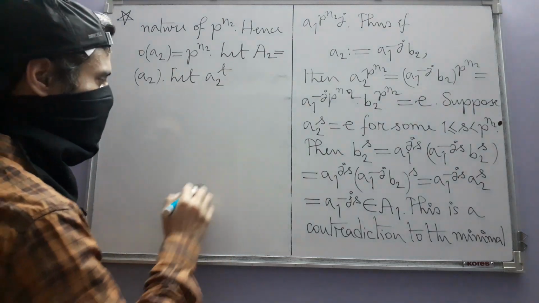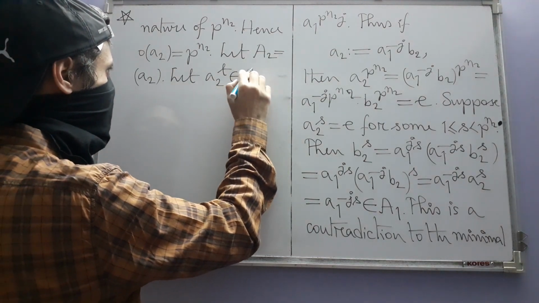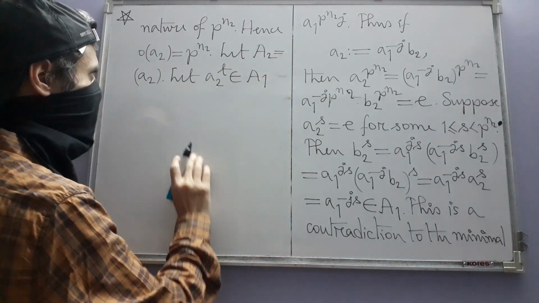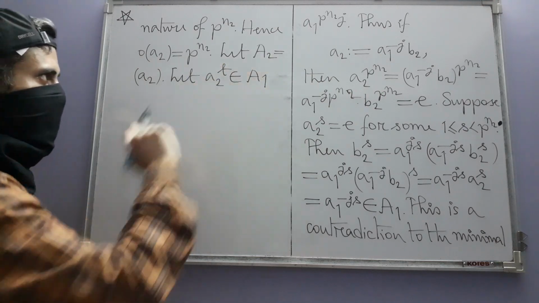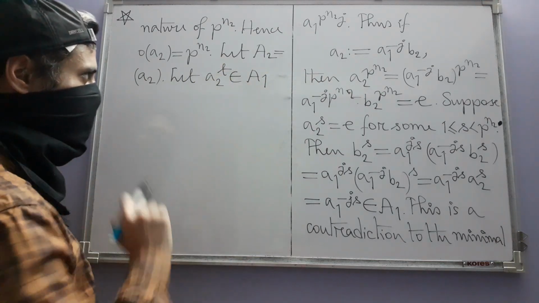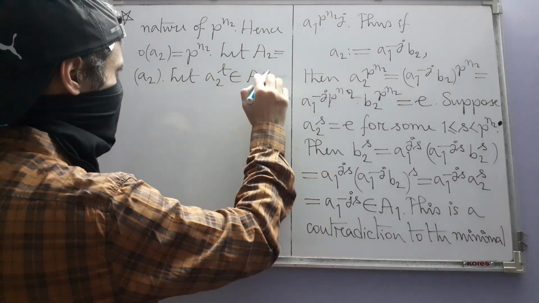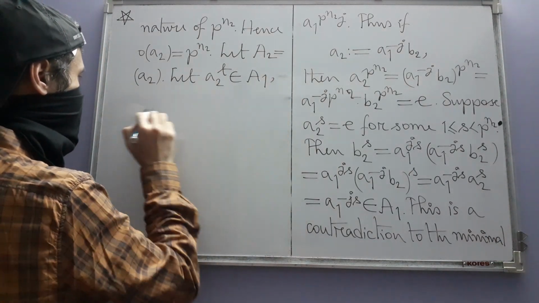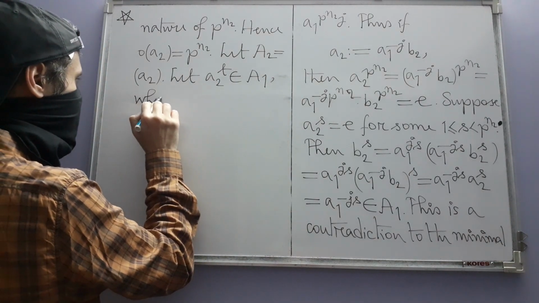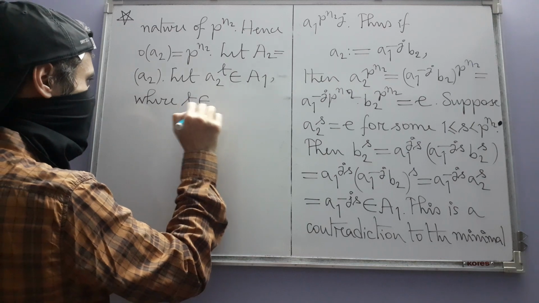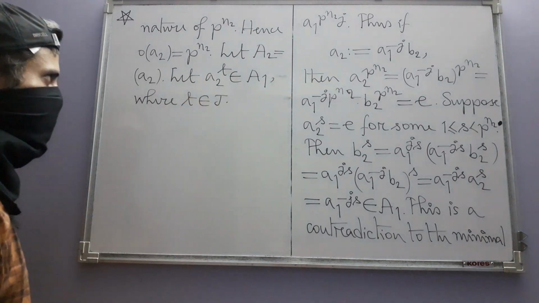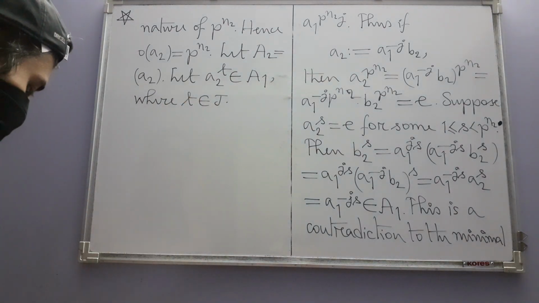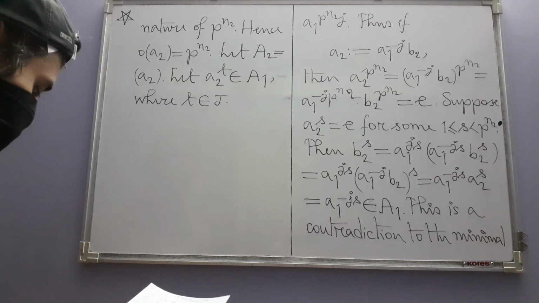Say the exponent is t. Already its form makes it an element of A2. Now suppose that it belongs to A1 as well, where t is an integer. Then what can we say?